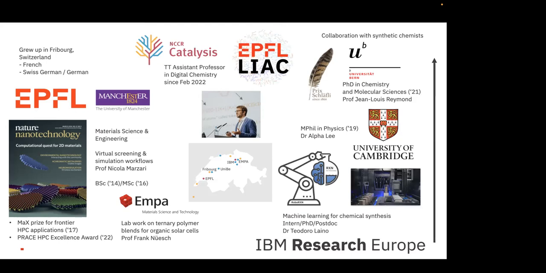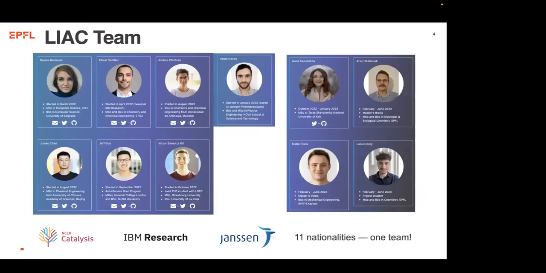And since last year, I'm back at EPFL, and it's super exciting because I'm building up a super strong team to work at the intersection between machine learning and chemistry. And it grew a bit quicker than I had expected, and I have really wonderful team members and a lot of diverse people.